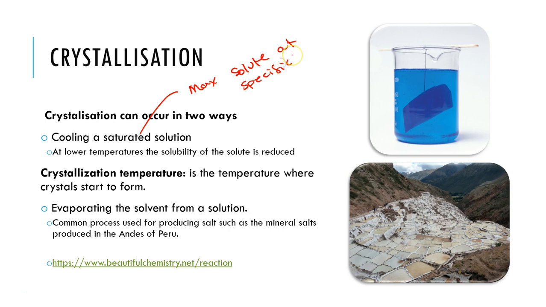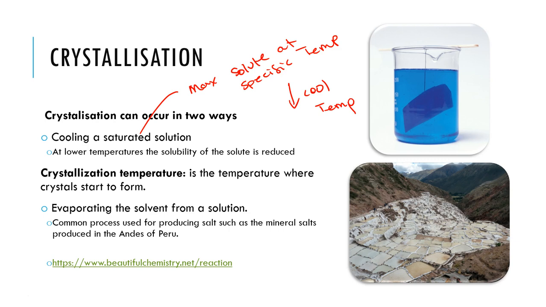and that solubility generally increases with temperature. So if we cool the temperature, we reduce the amount of solute that can be held by that solution. As a result, we start to see crystals form, the solid coming out of solution.